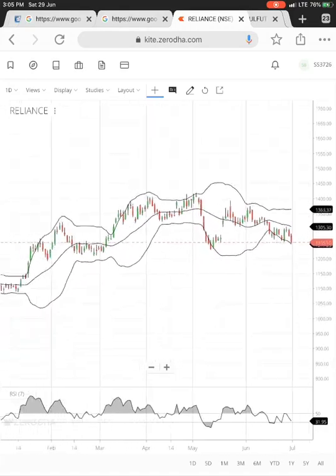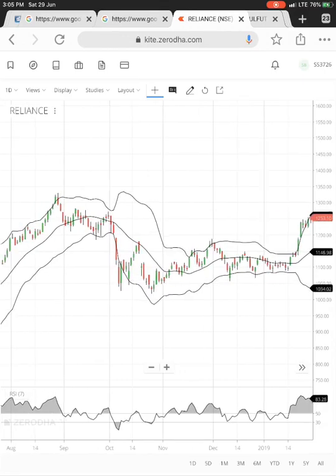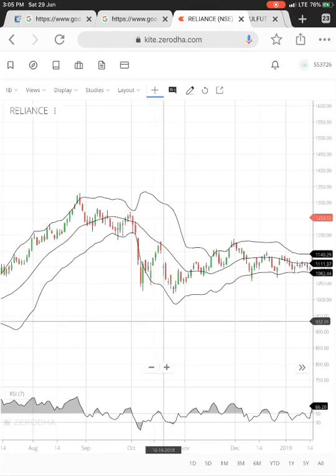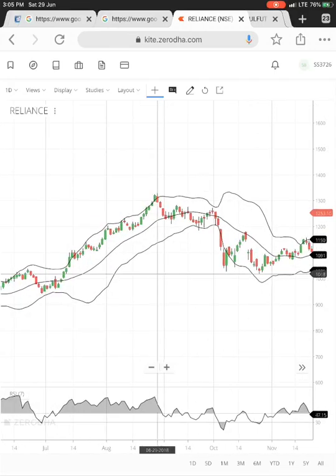So we can find different types of candle patterns. Here is one more type, the typical bearish engulfing pattern.